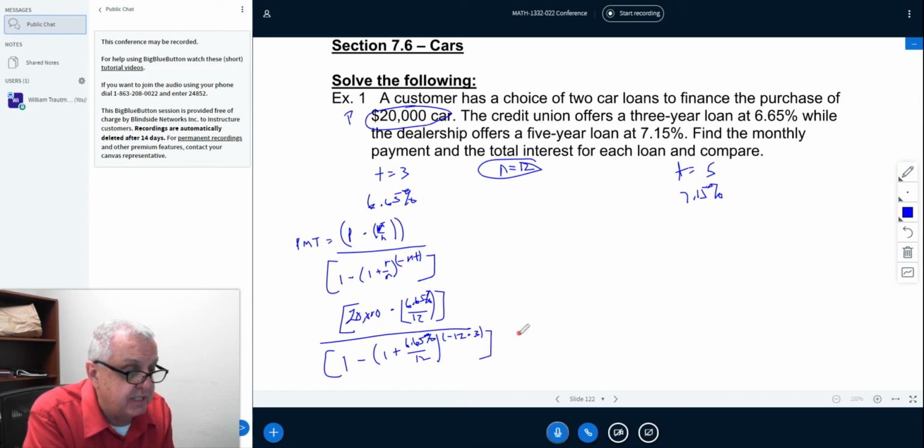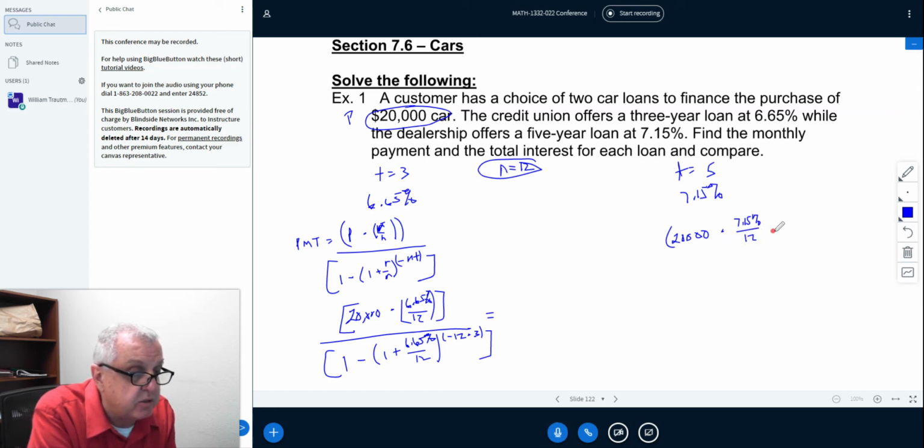So we have to find this answer, and then we're going to do the same thing over here. It's a $20,000 car loan, except here we're dealing with the interest rate of 7.15%, and it's still being compounded monthly, 12 months a year.